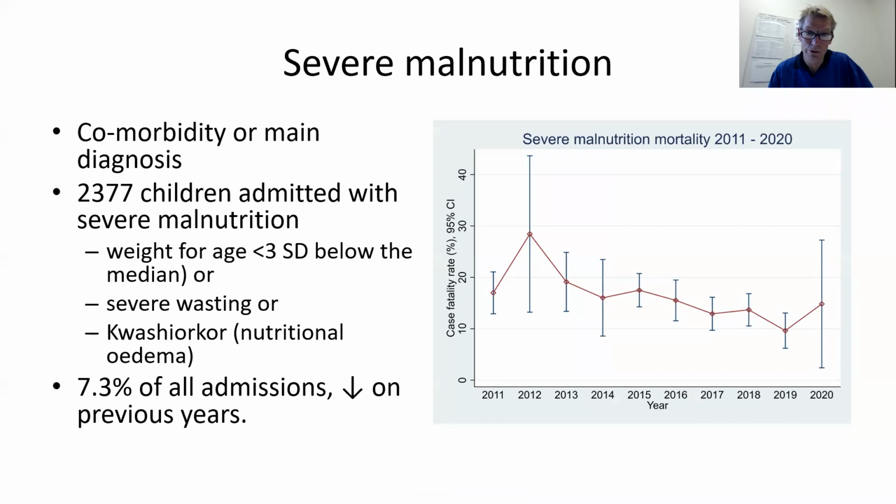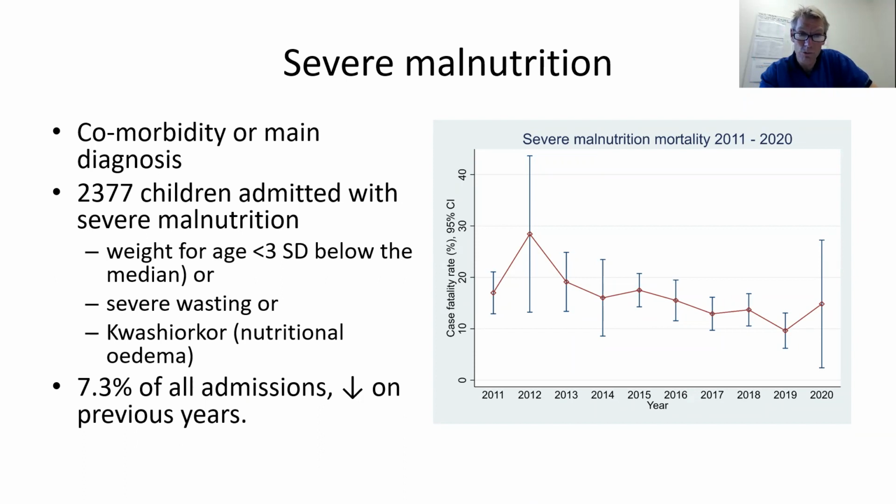I'll try to go a bit faster in the talk so that we don't labour everything, but just another area that's improved a lot in the last 10 years is the management of severe malnutrition. So last year, 2,377 children were admitted to the 24 hospitals with severe malnutrition.